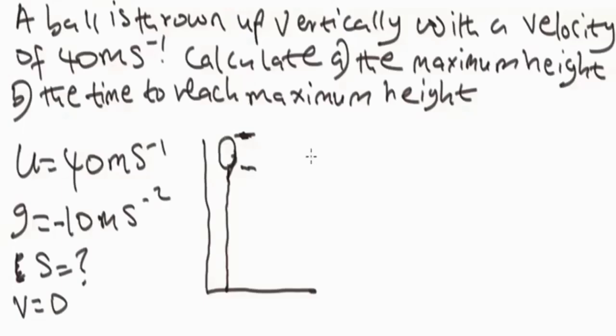So it's going to be, we use v squared equals u squared. It's not plus, it's going to be minus because we're going against gravity, minus 2gx. Alright, so our final velocity is 0.